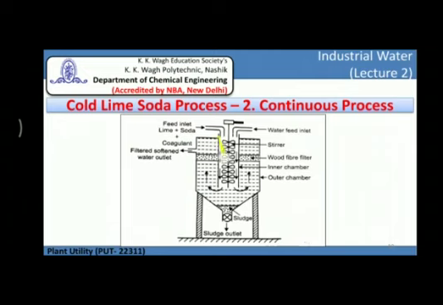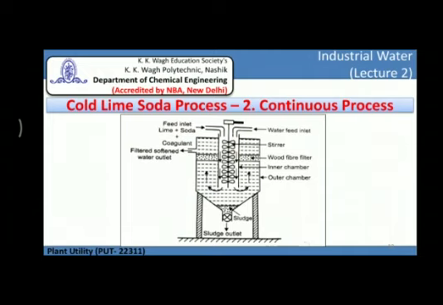When the feed, that is lime, soda and water, is sent to this tank or to this inner chamber, because of this stirrer which is continuously rotating, the feed and the water are continuously mixed inside this inner chamber, and the reaction occurs over here.